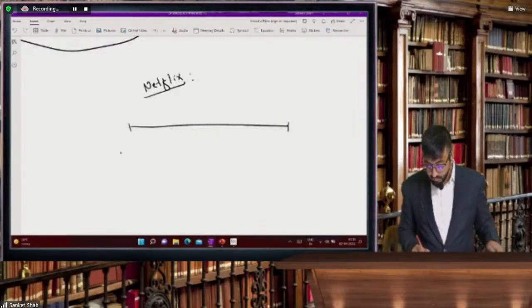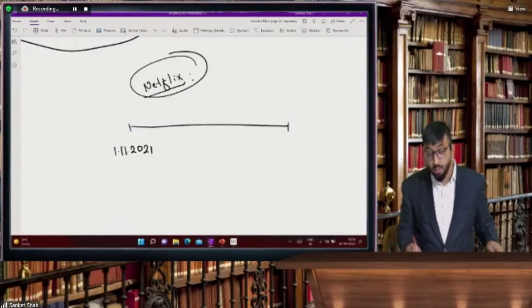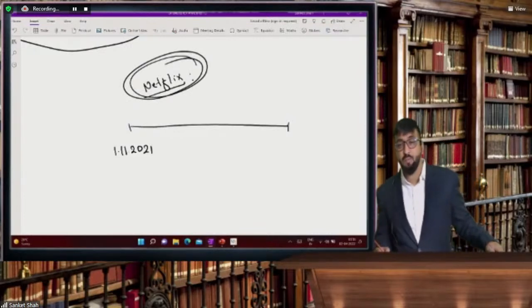Suppose Pratham subscribes to the Netflix channel on 1st November 2021. We have to think from the angle of Netflix, not from the angle of Pratham.